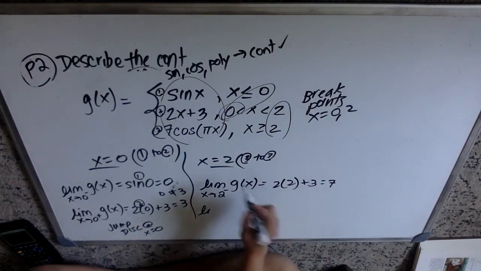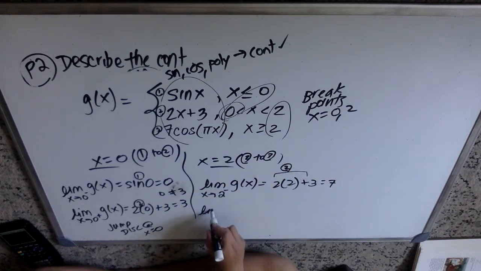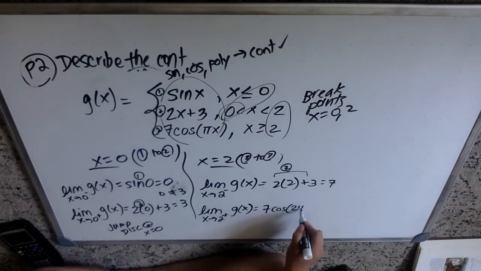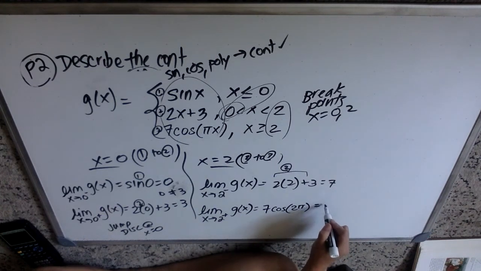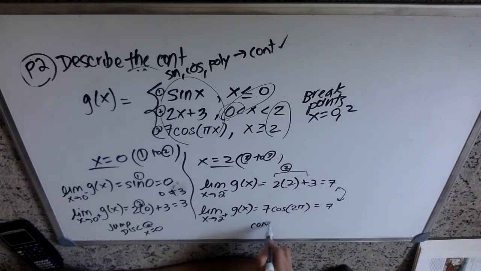And then the limit as x approaches 2 from the right of g of x is going to be 7 times the cosine of 2 pi, and that's a 7 times a 1, so that's a 7. Since they're the same number, the answer is that I'm continuous at x equals 2.